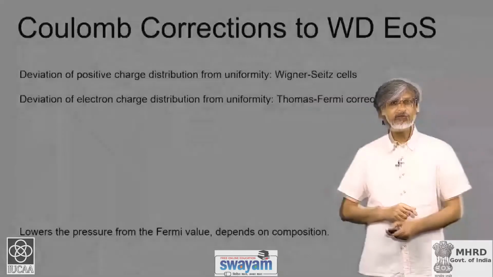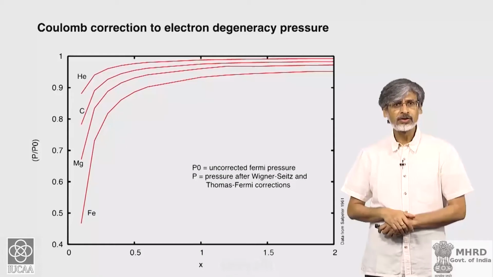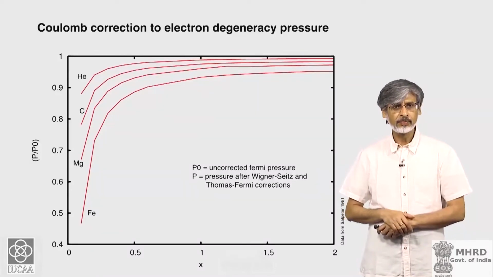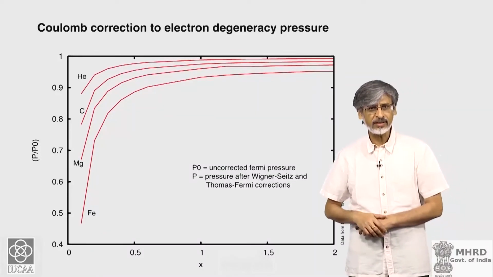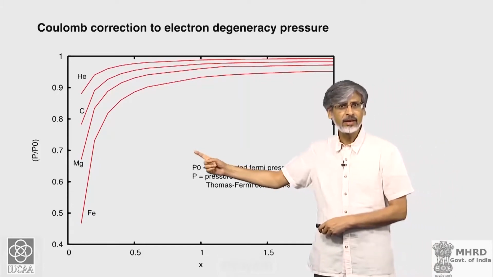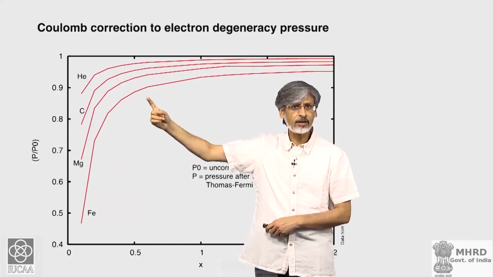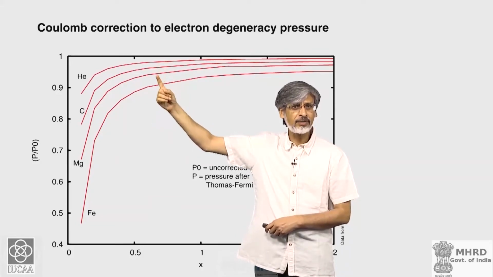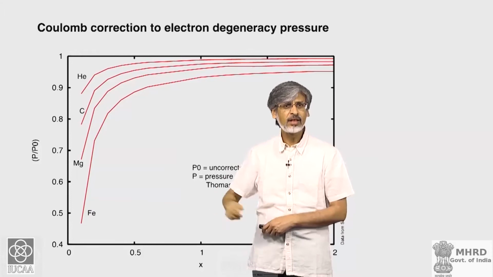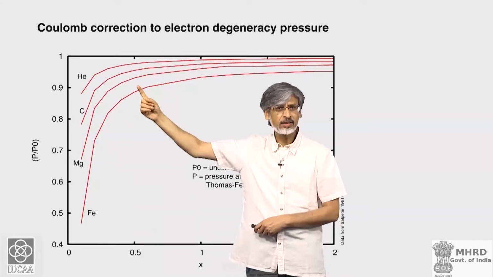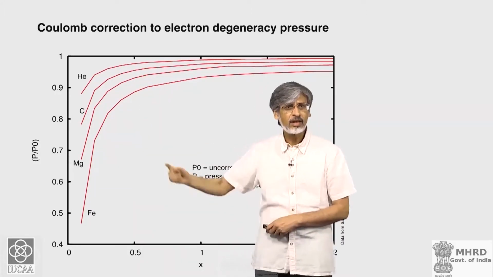The next figure shows an estimate of that. As one can see, for different compositions, helium is on the top, Rn is at the bottom. As you go to heavier and heavier elements, the amount of correction actually increases.